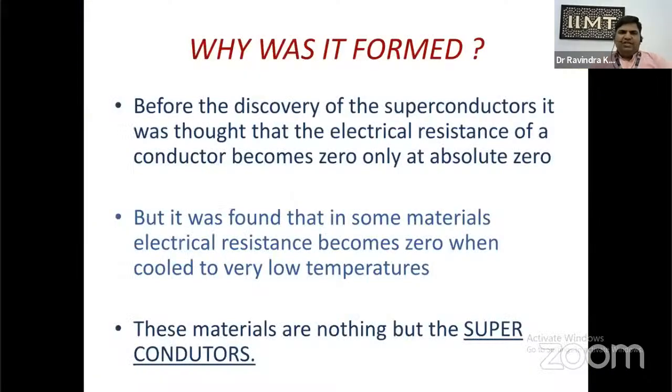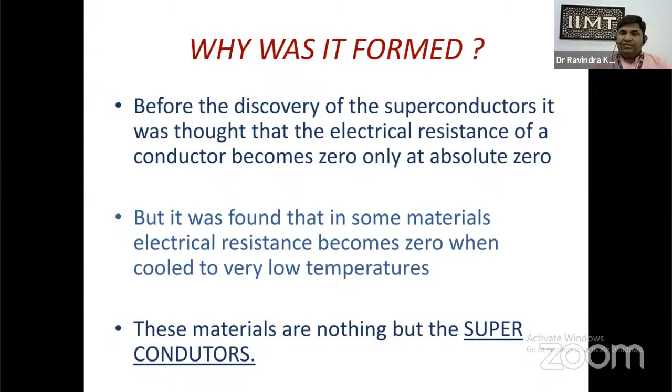Now, the question arises, why was it formed? Before the discovery of these superconducting materials, it was thought that the electrical resistance of a conductor becomes zero only at absolute zero temperature, but it was not so.